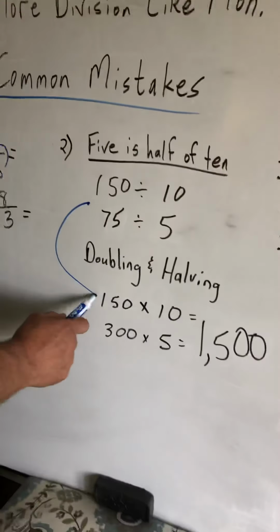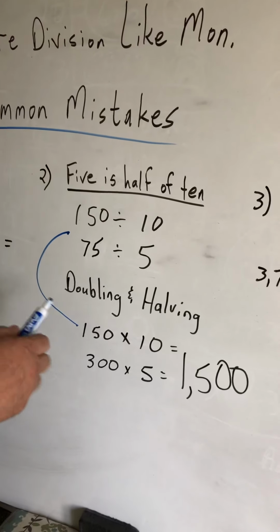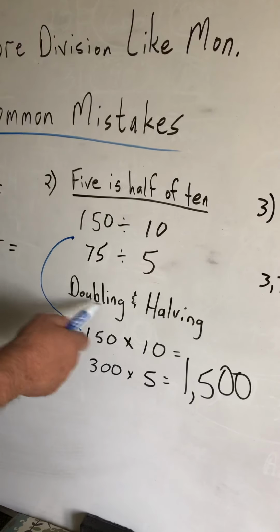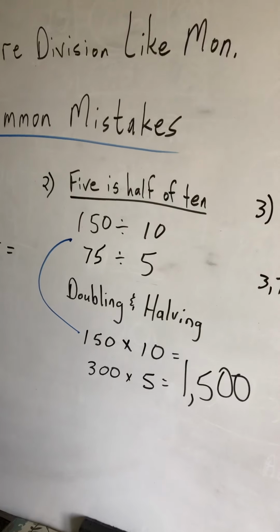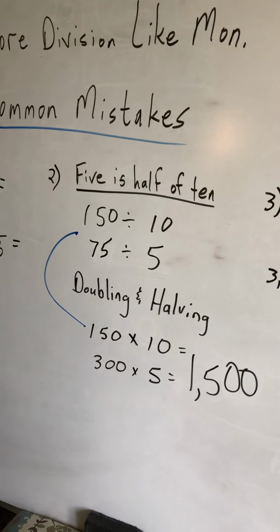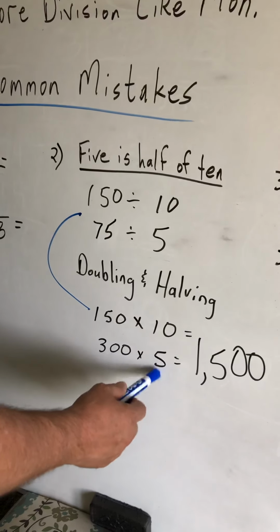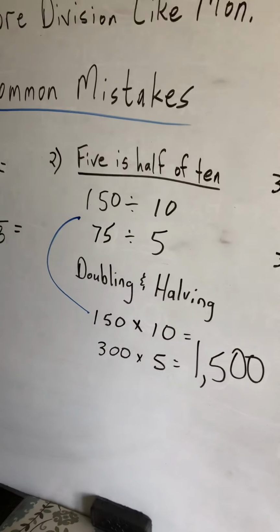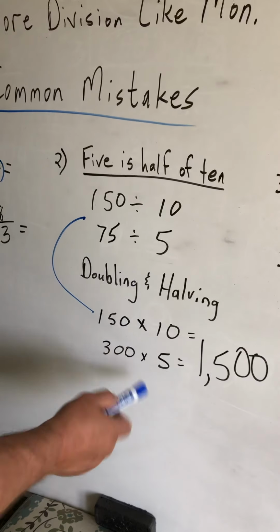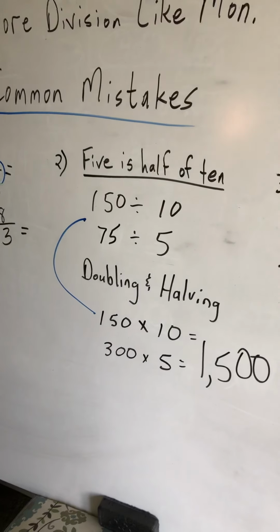They're saying on that page that the student might have gotten confused. They put together 5 is half of 10, but they did a little doubling and halving, and that's with multiplication. You know that 150 times 10 is the same as 300 times 5. They're both 1,500. That's doubling and halving. When you get to problem number 2, that's what they're talking about.